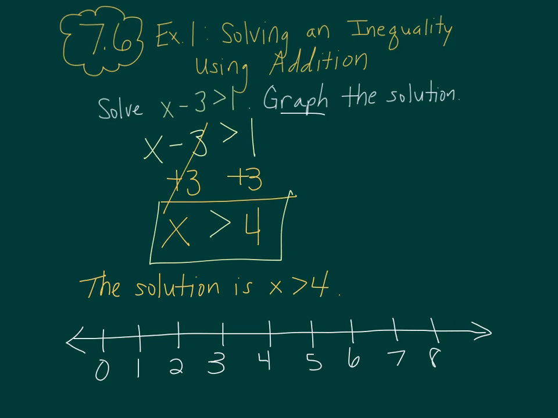So we're going to leave that circle open because 4 is not a possible solution, but everything greater than 4 is, and that helps us answer our next question. Should we go to the right or the left with our line? So if x has to be greater than 4, it means it could be 5, 6, it could be anything to the right. It just won't be 4, and it can't be anything to the left. So you're going to make again a good sized line from this 4 out to the right, and that's graphing your solution.